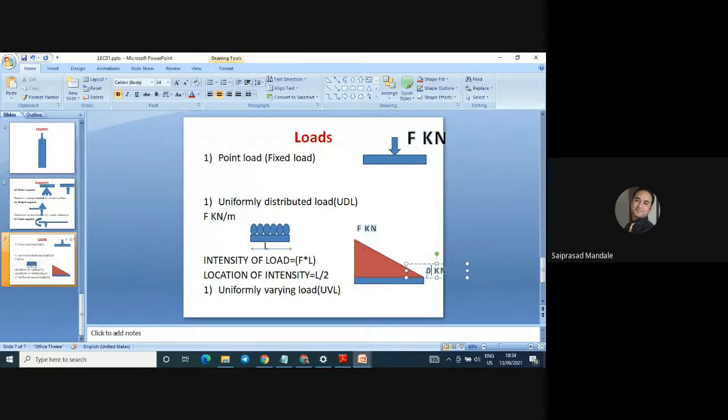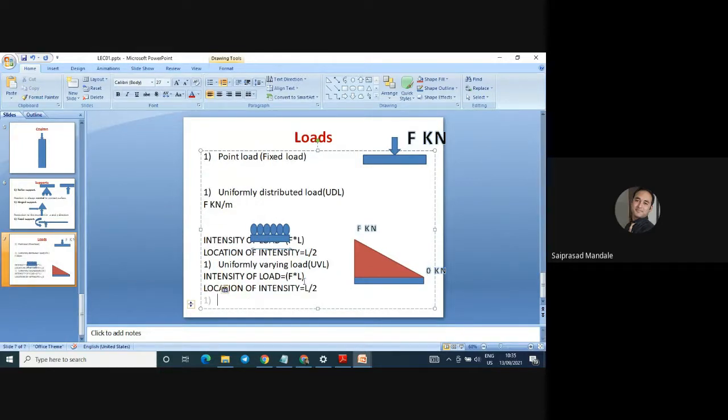Here it is 0, then 1, 2, 3, 4, 5, 6, and so on. So the intensity of the uniformly varying load varies from 0 to F. Let us calculate its intensity and its location.